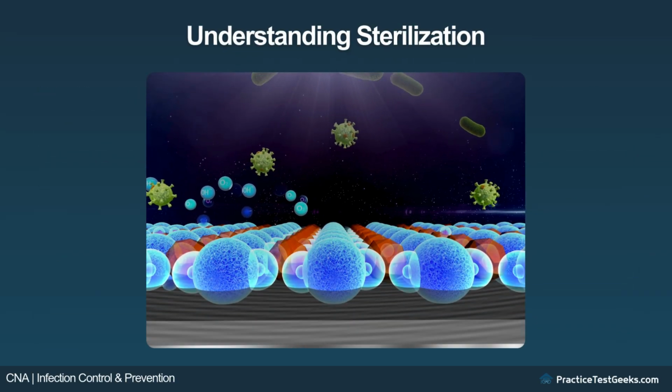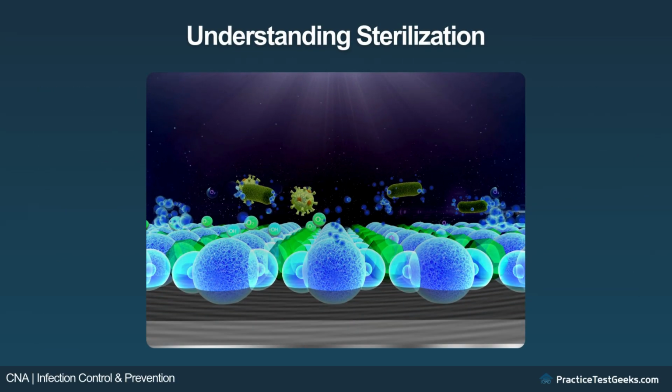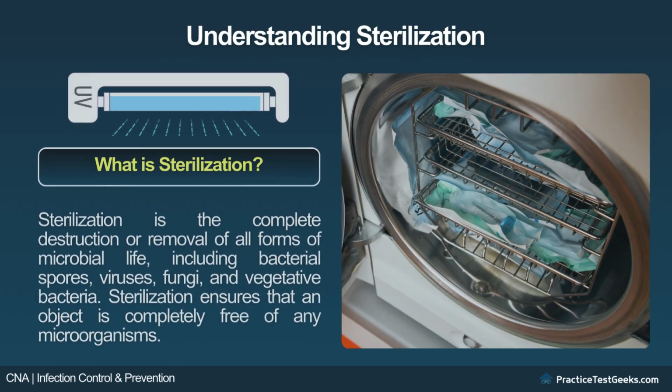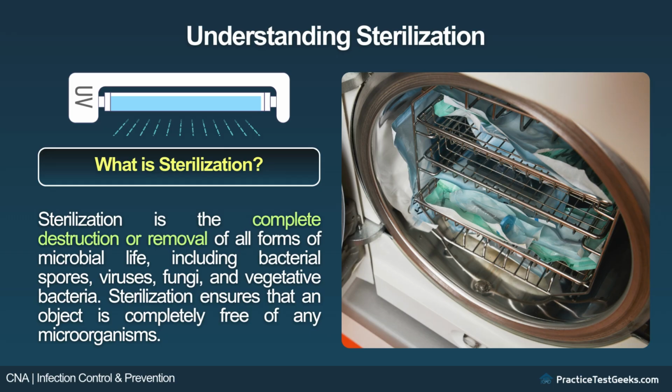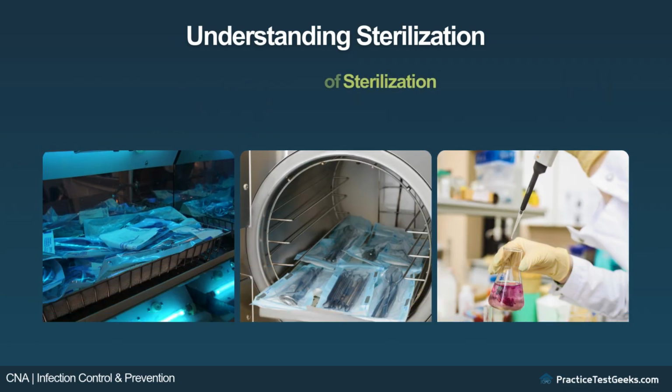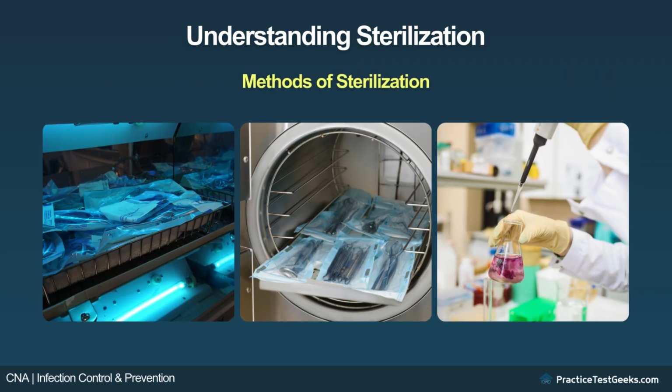Next, let's move to sterilization, the highest standard of infection prevention. Sterilization is the complete destruction or removal of all forms of microbial life, including bacterial spores, viruses, fungi, and vegetative bacteria. This ensures an object is entirely free of microorganisms. There are several methods of sterilization.